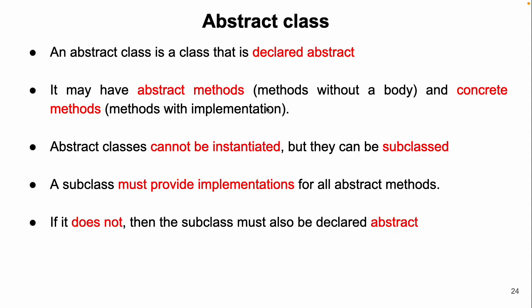If so, when I am creating a subclass by extending this abstract class, I need to implement all the abstract methods present in the parent abstract class. If I am not implementing all the abstract methods in the subclass, that subclass also should be declared as abstract. Understood? Yes or no? I think no.